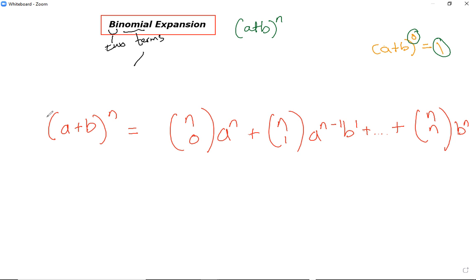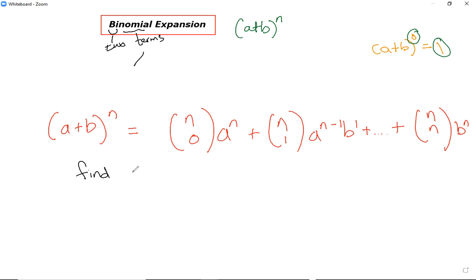With that binomial expansion we can then answer a few questions. For example, we can expand certain expressions. We can find the first four terms, for example, of an expansion of brackets. Let's say I want to find the first two terms.